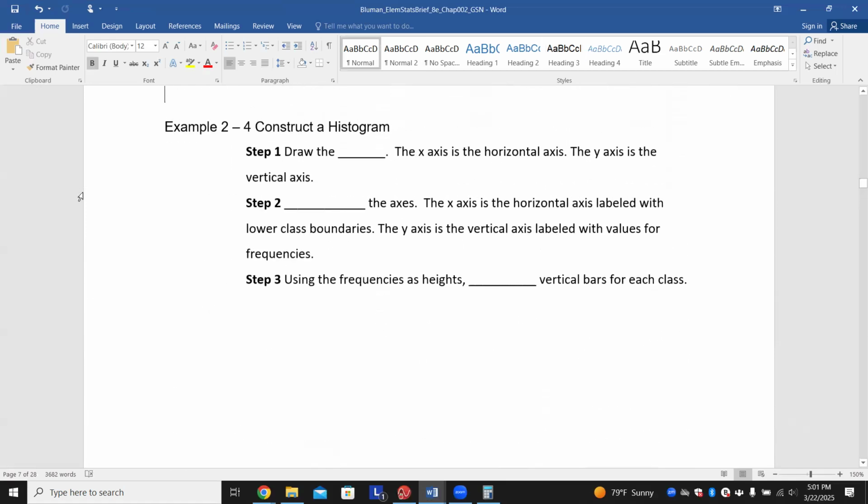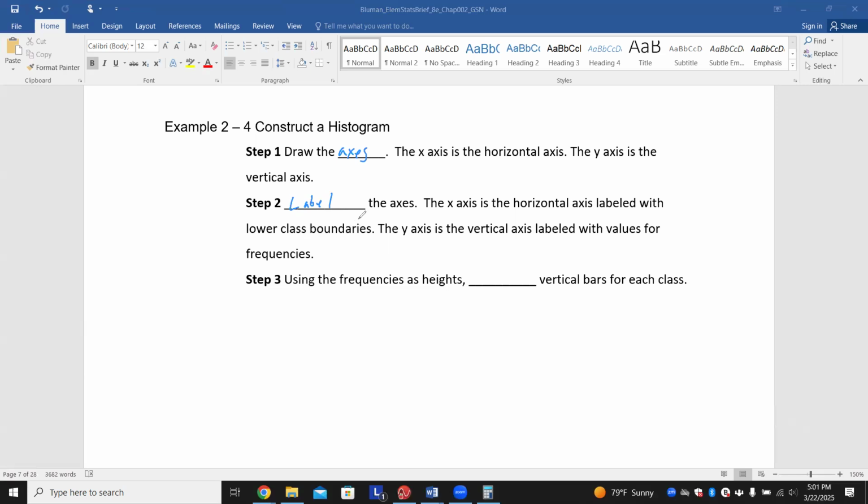a histogram, right? So the first thing you want to do is draw the axes. You should have an x-axis and a y-axis. The x-axis is the horizontal axis and the y-axis is the vertical axis. Step 2, you must label these axes. The x-axis is labeled with the lower class boundaries or categories.